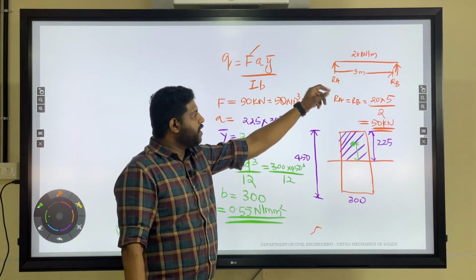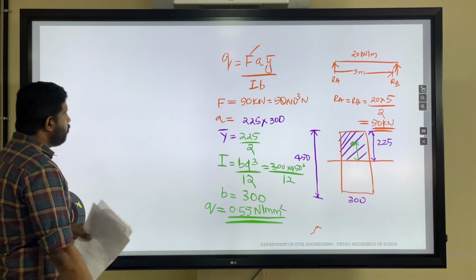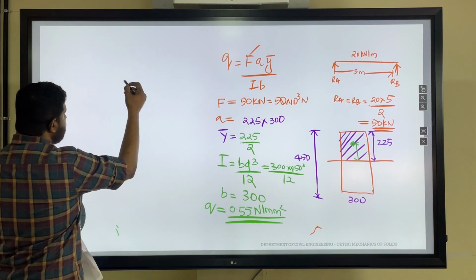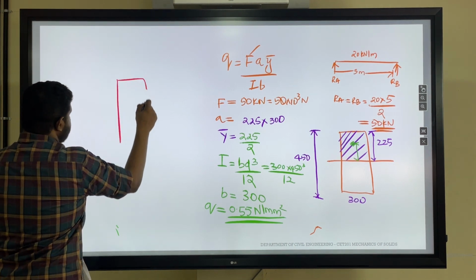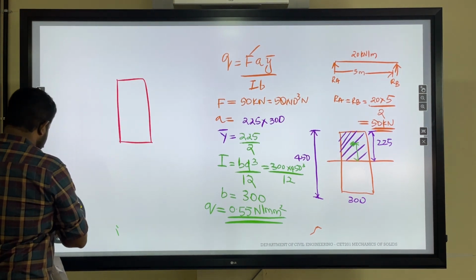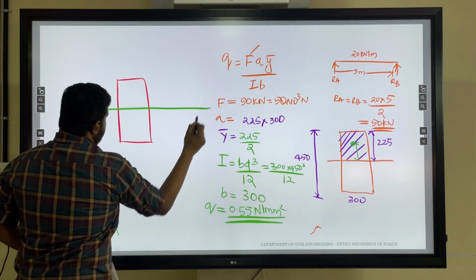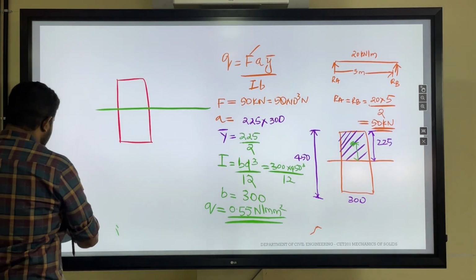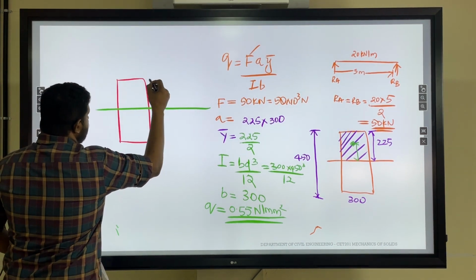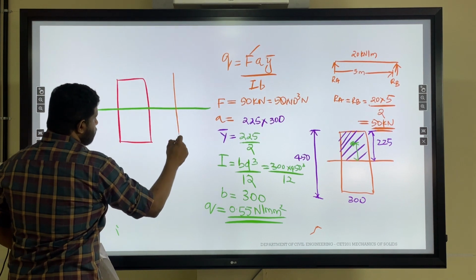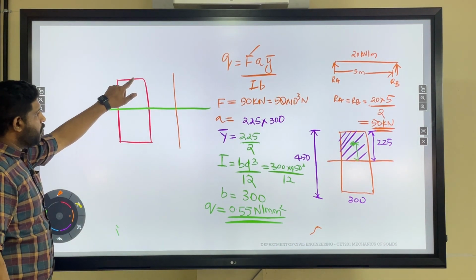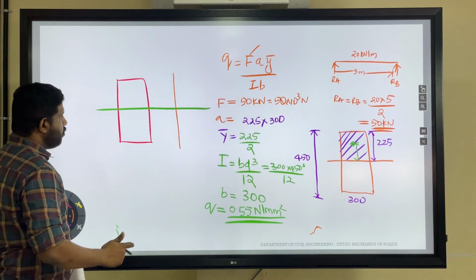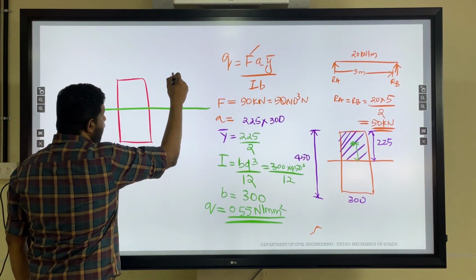Critical section will be happening at the supports, and now we want to plot the variation of shear stress. For that, we have to consider the cross section. This will be the neutral axis, and the variation, as I told you, shear stress value will be 0 at the top and bottom, and it will be maximum at the neutral axis, and the variation will be parabolic.